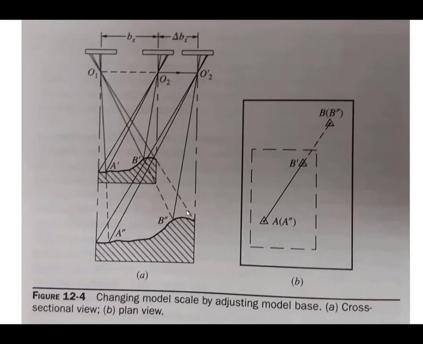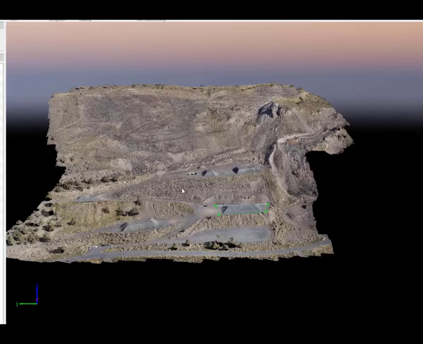Or could we just set points and then measure the distances and use those distances to scale the model and get an accurate volume? So that's one of the things we will investigate here with our Stuckel gravel stockpiles.